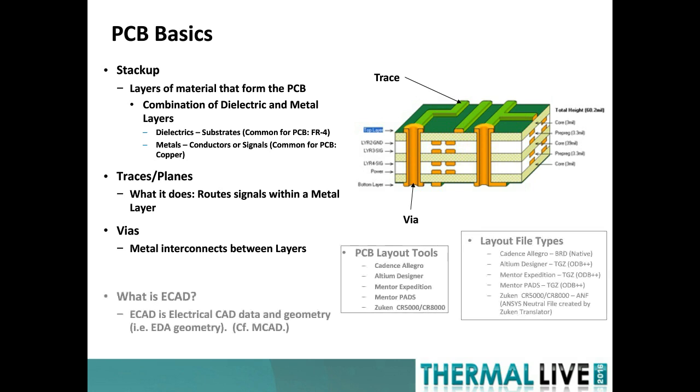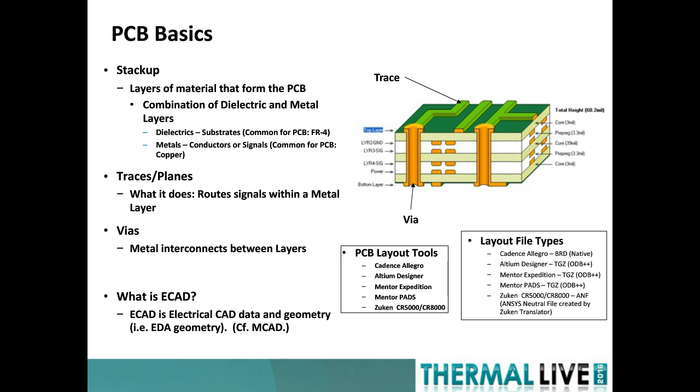Now, electrical CAD or ECAD data and geometry describes the PCB layout. This can be compared to mechanical CAD. ECAD describes the PCB layout, and a number of vendors provide layout capabilities and layout file types. ANSYS can import virtually any file type for the board layout and incorporate this into a thermal or structural analysis.